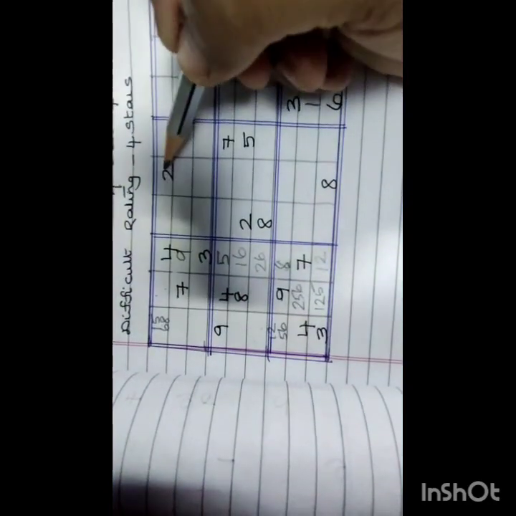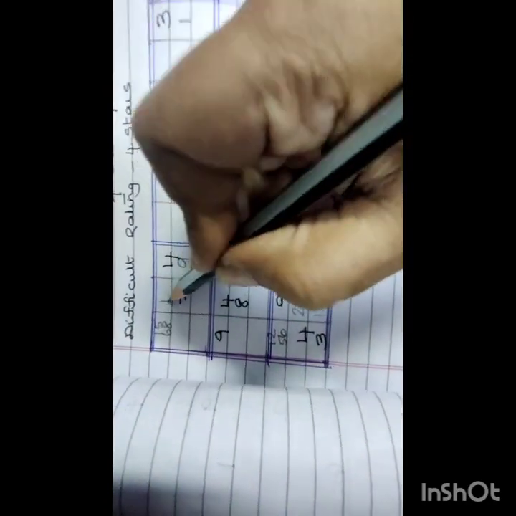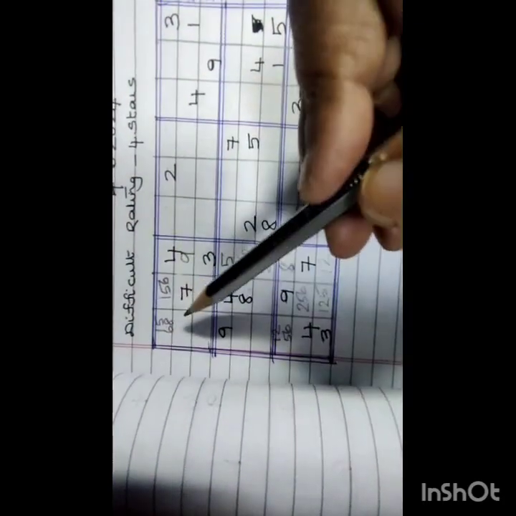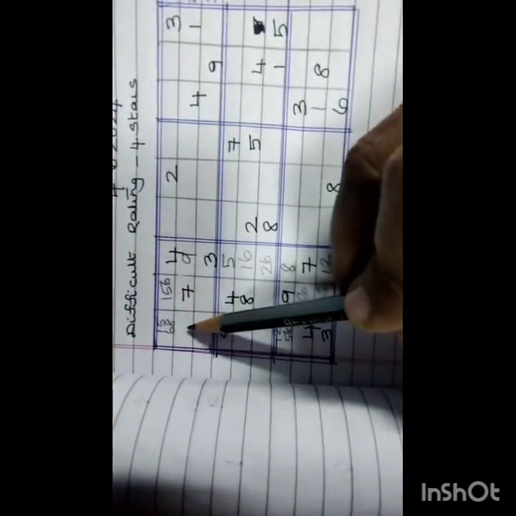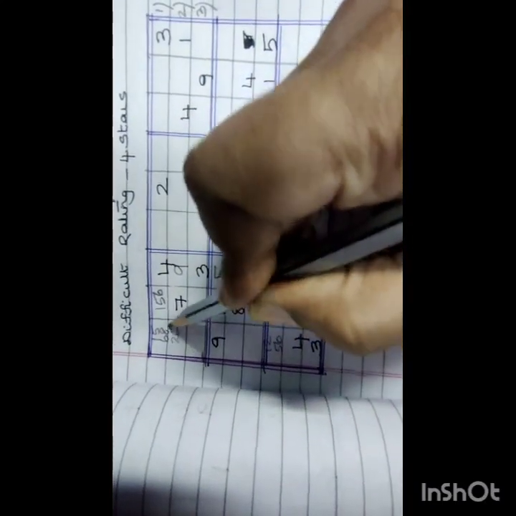Now 2 is there in this row and 8 is there in this column. So 2 and 8 cannot come. So write 1, 5, 6. Here we have 1 is there in this row. So 2, 5, 6, 8.